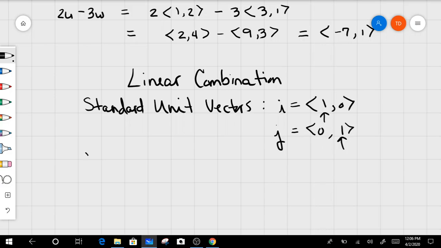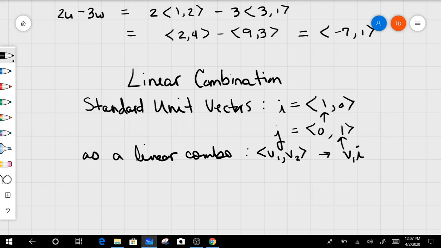As a linear combination, if you had vector v1 and v2, then your linear combination would be v1 i plus v2 j. That's a lot of mathy terms for some very simple concept.